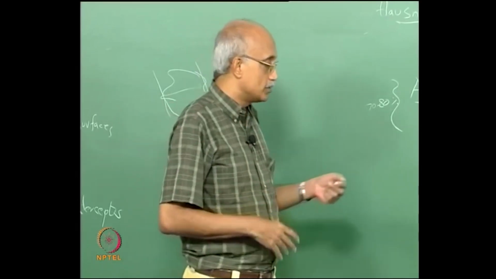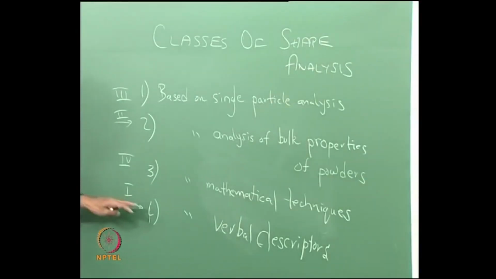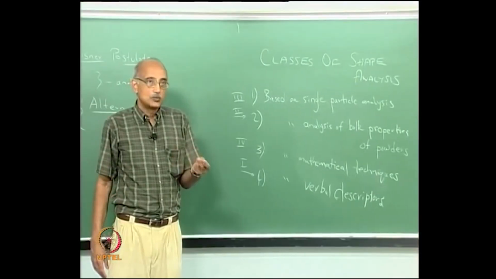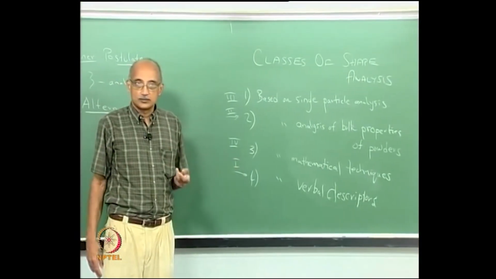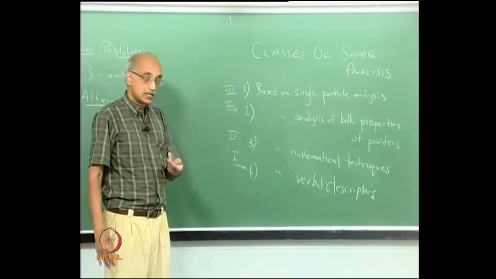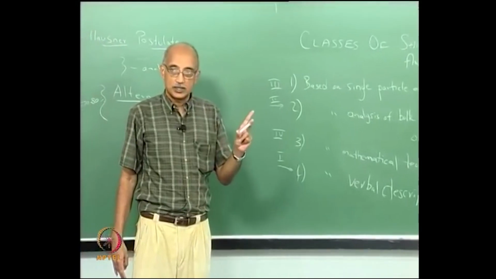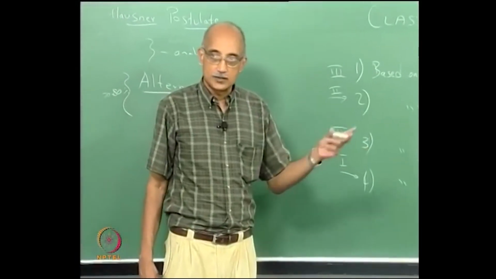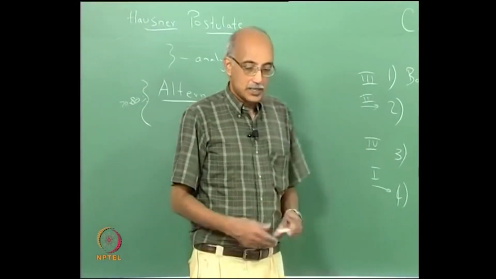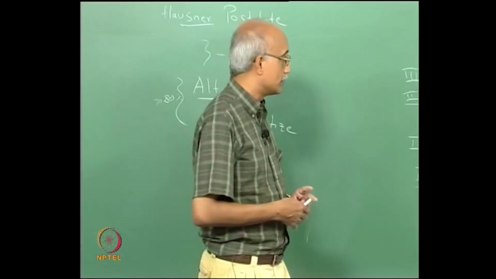So even though intuitively this is the easiest way to do shape analysis, in practice this took longer than any of these because of the inherent disagreements in how different people view the same object. Shape, just like beauty, is in the eyes of the beholder. Something that you call one thing, another person might call something else. So that exercise turned out to be fairly convoluted.